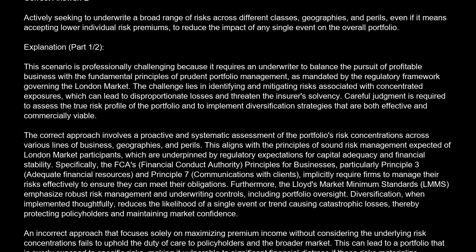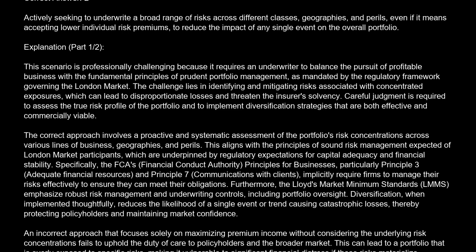The correct approach involves a proactive and systematic assessment of the portfolio's risk concentrations across various lines of business, geographies, and perils. This aligns with the principles of sound risk management expected of London market participants, which are underpinned by regulatory expectations for capital adequacy and financial stability.